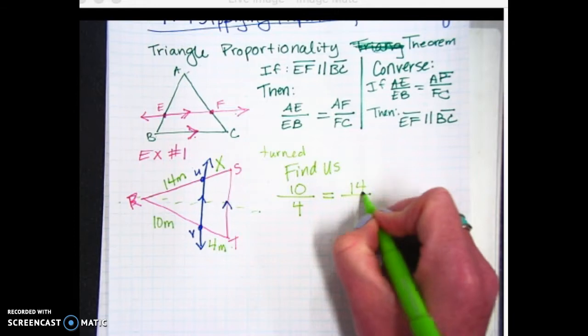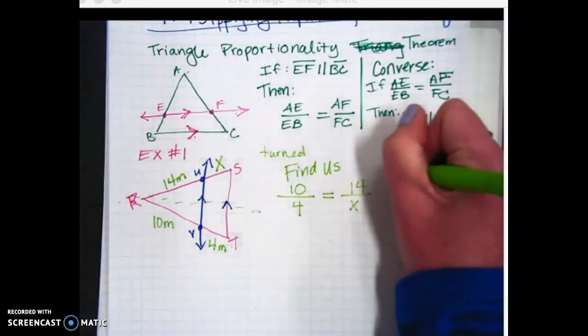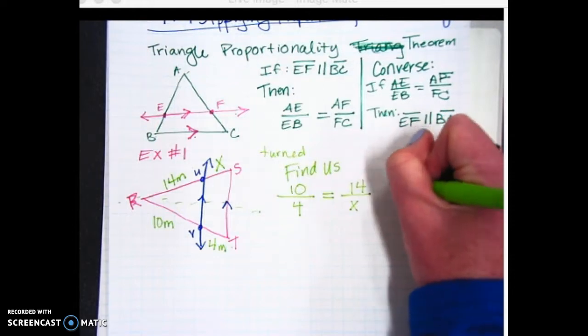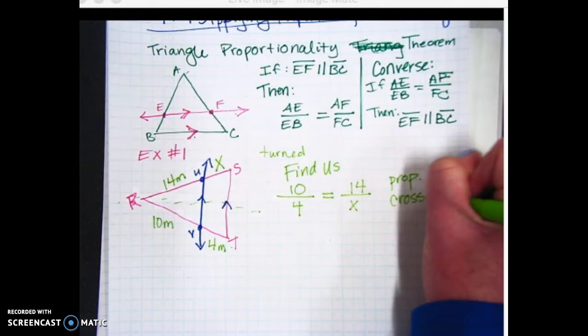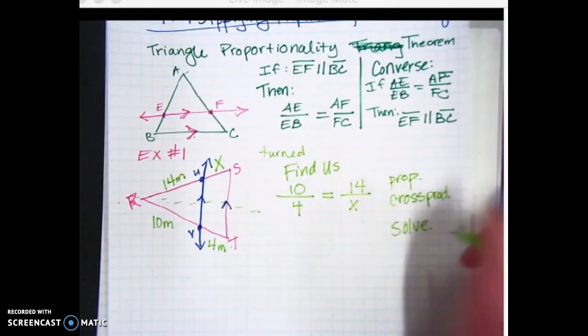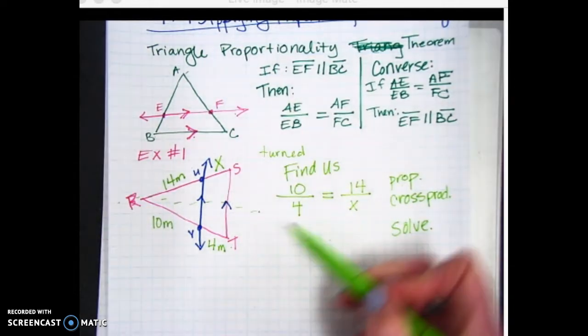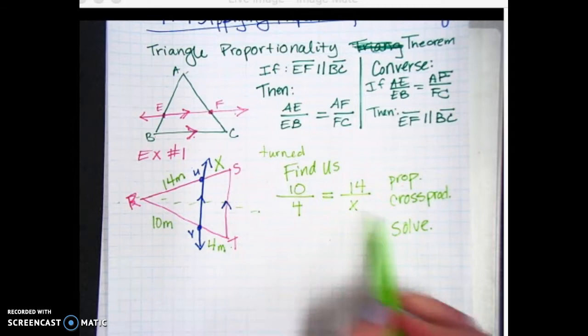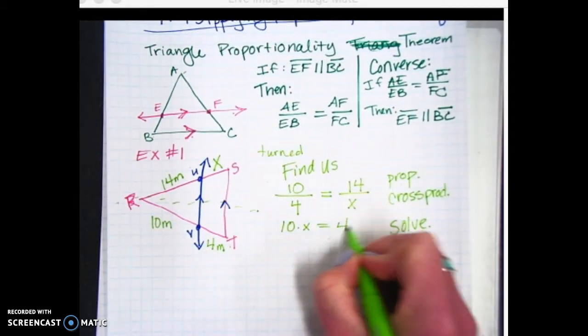So 14 to X. Once you have your proportion set up, you're going to do your cross product, and then you're going to solve. Okay? I like my variable on the left, so I'm going to go this way first, but you can go the other way first if you would like. So 10 times X. Set it equal to 4 times 14.